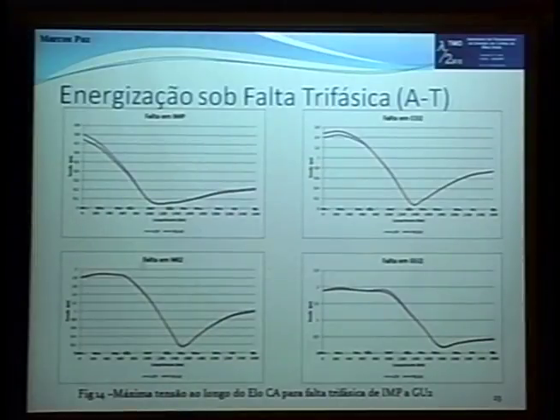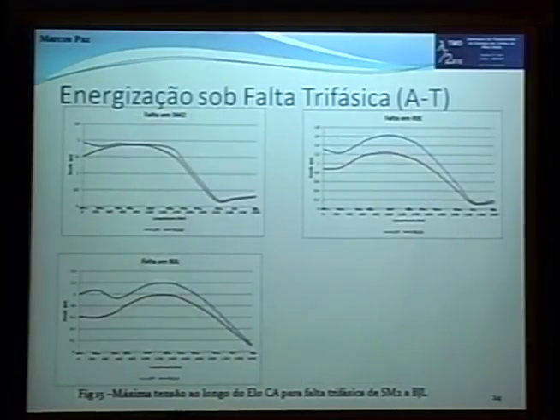So from this point on, downstream, we start to have a very high overvoltage, and its value is only being limited by the surge arresters located on the substations downstream to the fault point.